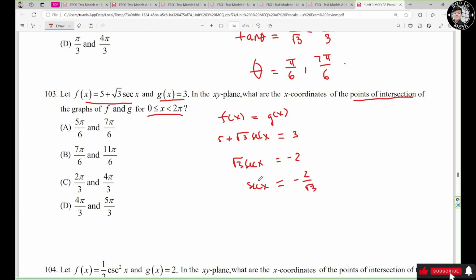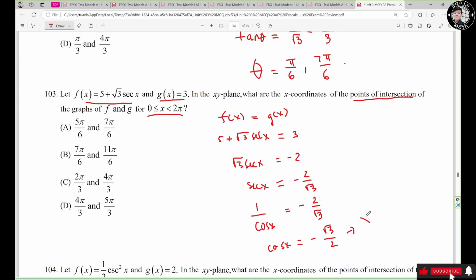Now secant s means 1 over cosine. So 1 over cosine s equals -2 over root 3. Now I need to flip this one, so it will be cosine s equals -root 3 over 2. Now on the unit circle, I need to find the angles where cosine s equals -root 3 over 2.